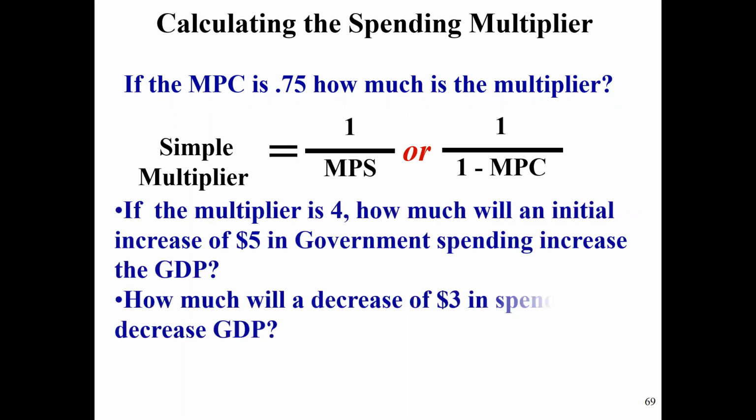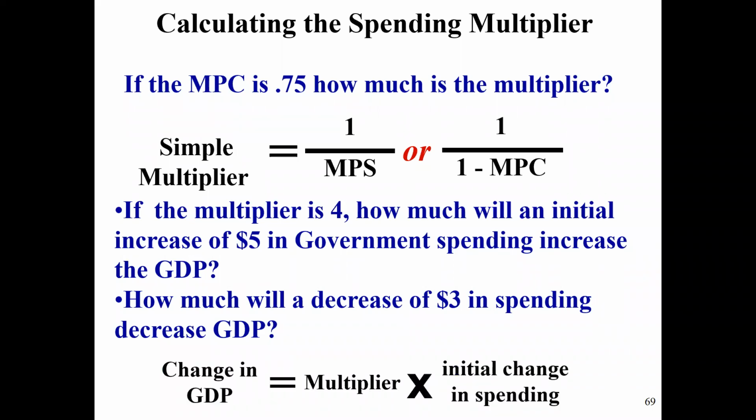Okay. All right. And just remember, the multiplier works with anything with aggregate demand. So if investment goes up, net exports goes up, government spending goes up, if consumption goes up. All right. This to me is a really important formula.